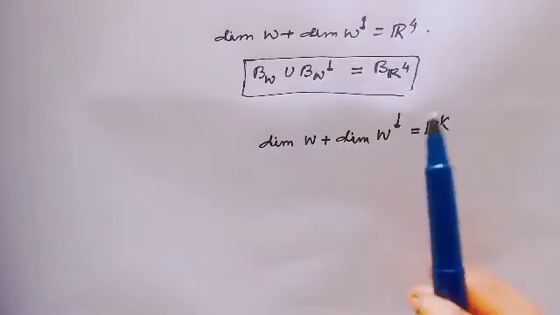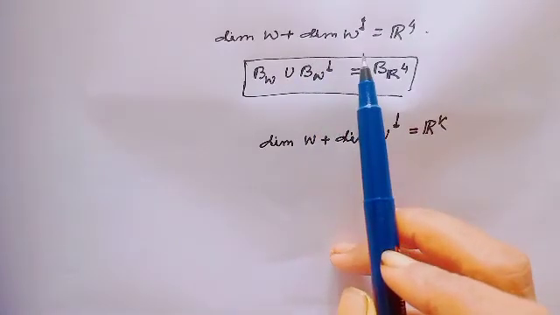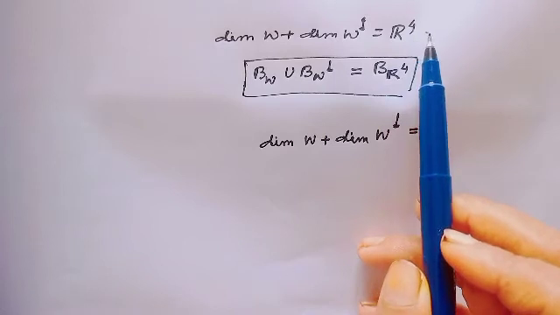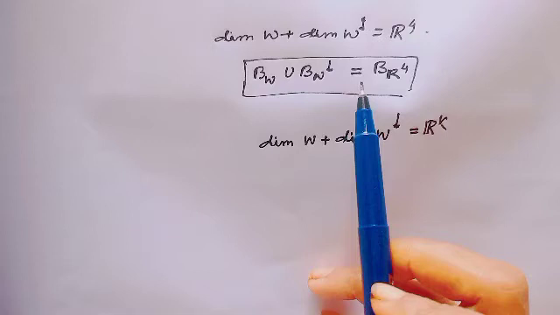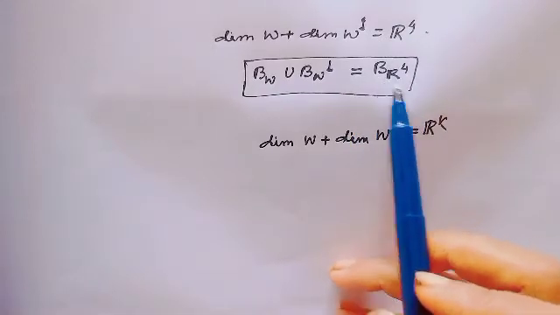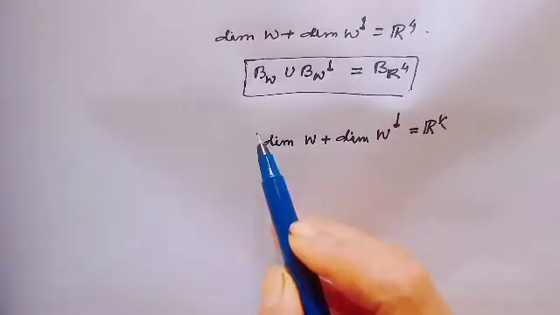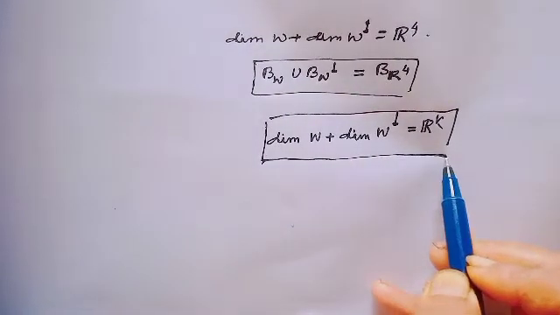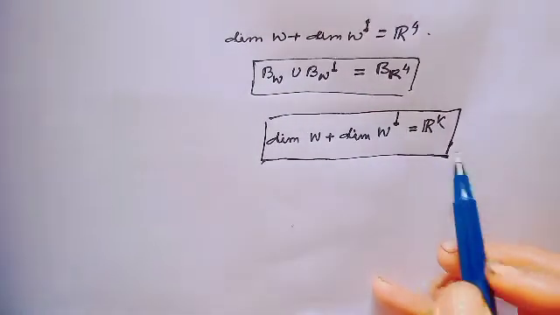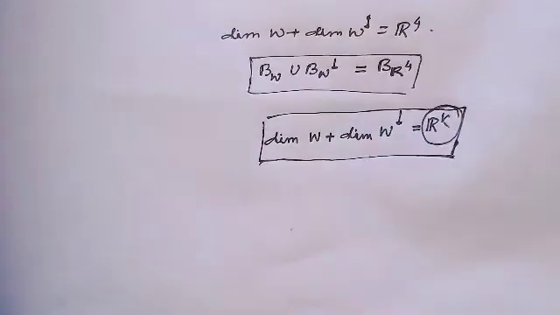Therefore, I have got the idea: dimension of W plus dimension of W perp equals the dimension of the whole R4, and the basis of W union the basis of W perp equals a basis of R4. So actually the dimension of W plus the dimension of the orthogonal complement W perp is the dimension of the whole Rk.